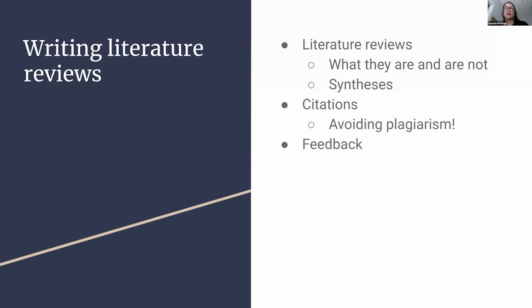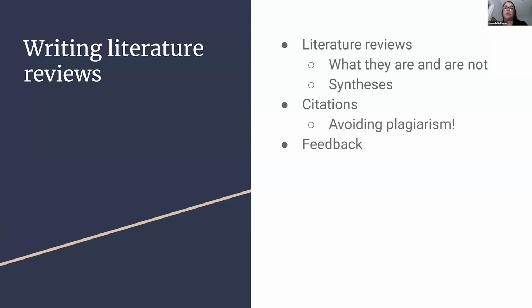And then the last thing that I wanted to talk about in terms of writing literature reviews is getting feedback. You will never write a perfect literature review on the first try. I remember in my first semester of graduate school, I wrote a lit review for a grant proposal, an on-campus grant, and I sent it to my supervisor and it came back all red. I would say three sentences were not red. It's going to sting that first time you write a lit review.